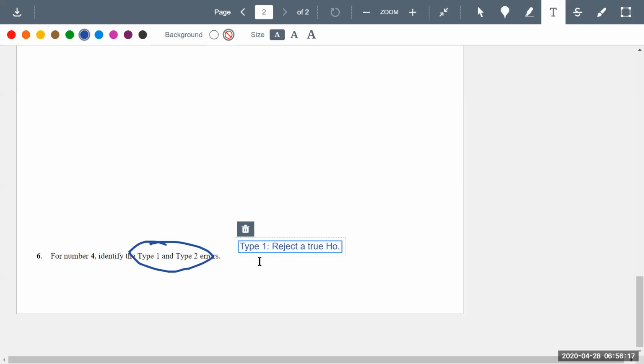That's it. So again, let me say another one. If the null was the mean equals 7, then a type 1 error would be we reject that the mean is 7 when in reality the mean is 7. That's it. That's why it's an error. And why do we make mistakes with this kind of thing?